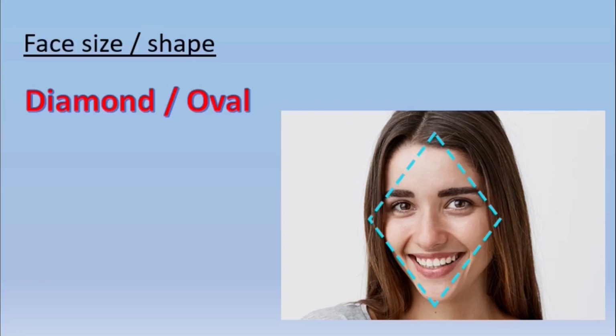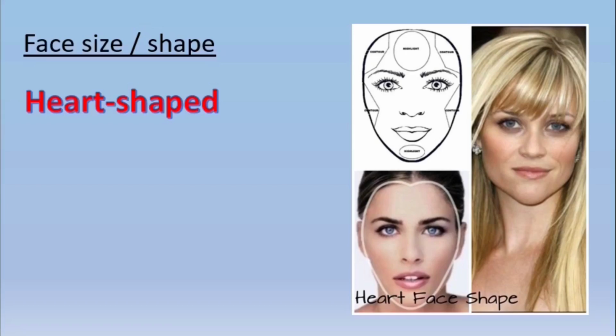Oval. She has an oval-shaped face. Her face is oval-shaped. Heart-shaped. They have heart-shaped faces. Their faces are heart-shaped.